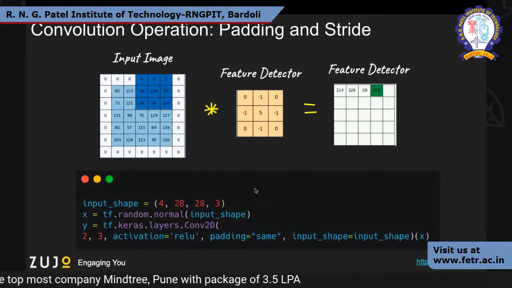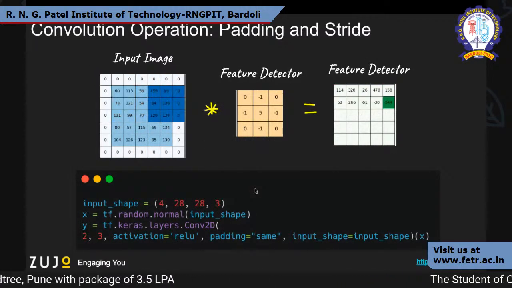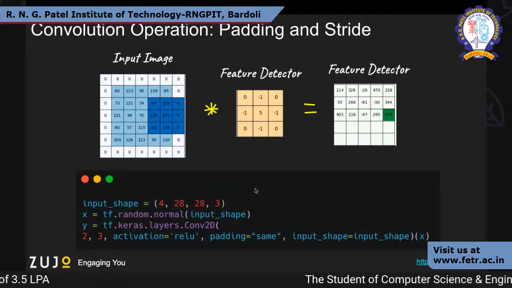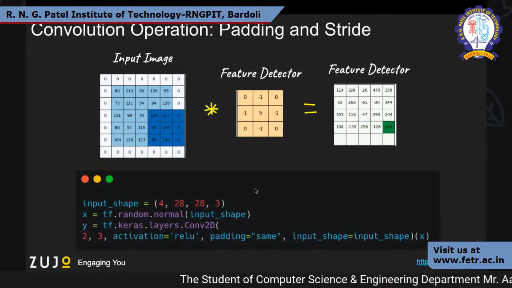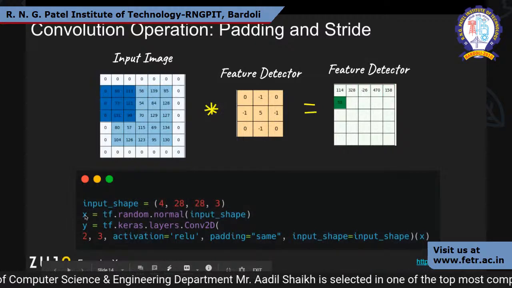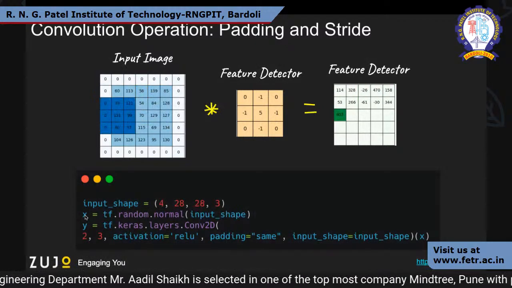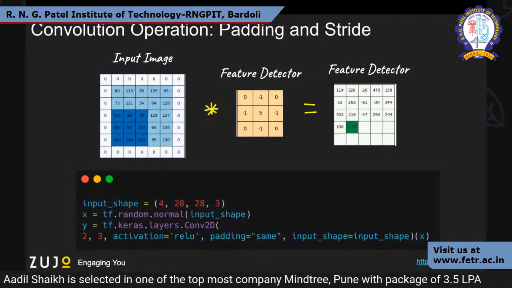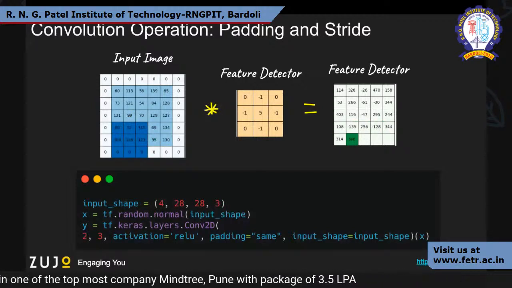So right now we have 4 images, which are 28 by 28 and have RGB colors, right? And as X, we are taking that input image and converting or normalizing it into the vector space, right?